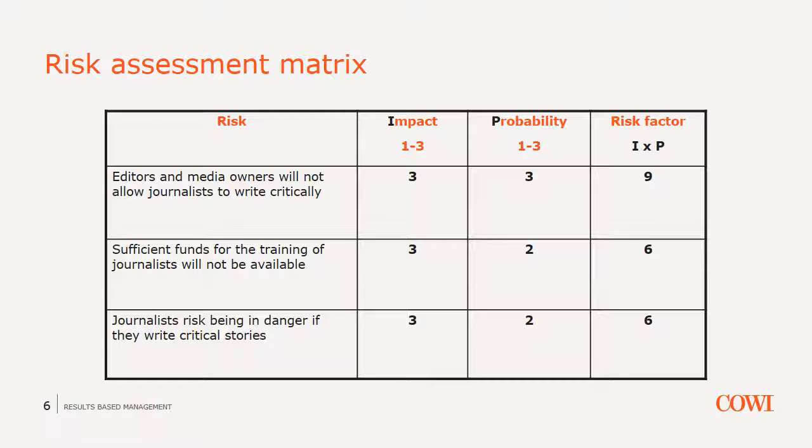Here's an example of a simple risk assessment matrix that has been filled out in relation to the journalist training example we have used previously. Why do we want to prioritize our risks? Well, primarily in order to be able to focus on the most important risks and make sure that they do not jeopardize our interventions.